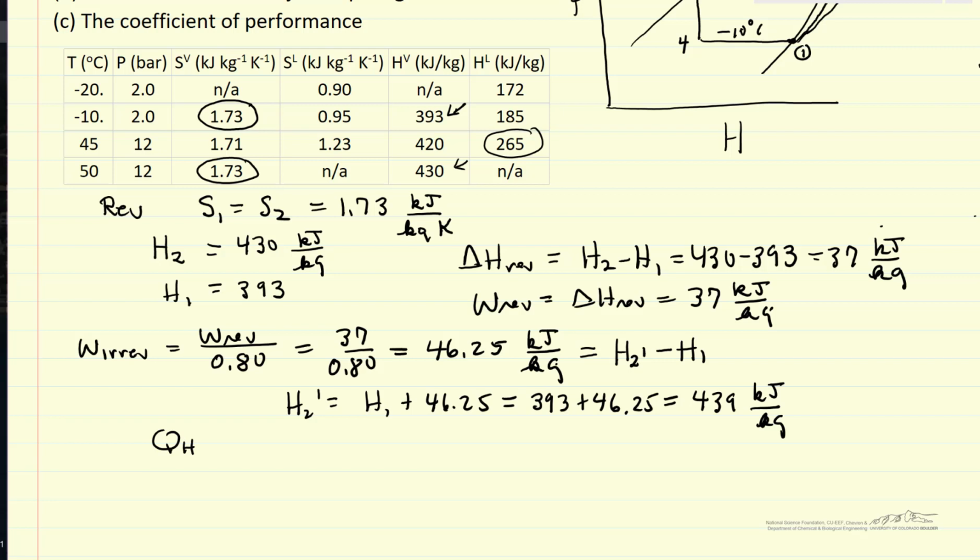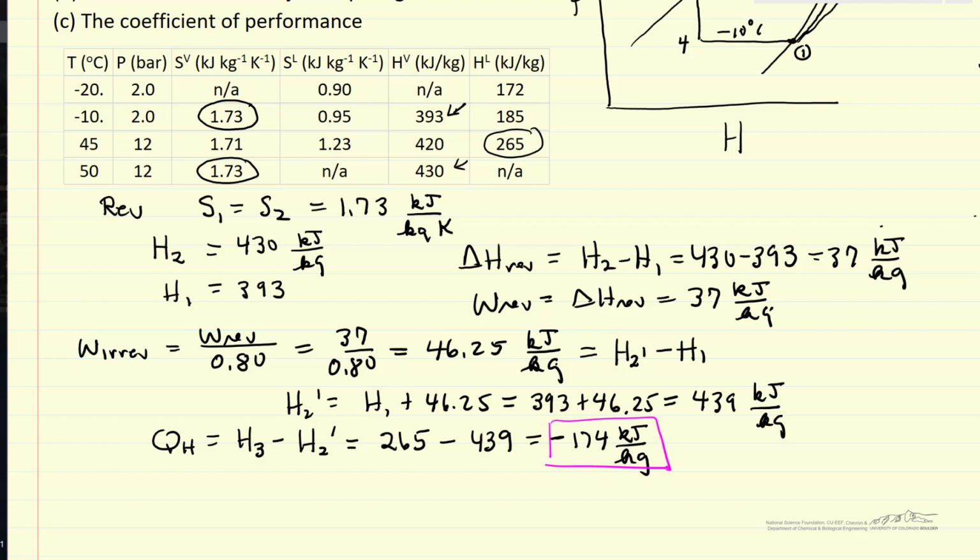So the heat that we remove, and that's at the high temperature, would be H3 minus H2 prime. We saw that 265 is the saturated liquid, and we just calculated that 439 was the enthalpy entering the condenser. So QH then is minus 174 kilojoules per kilogram. Well, this is one of the values we wanted to calculate for the problem statement.